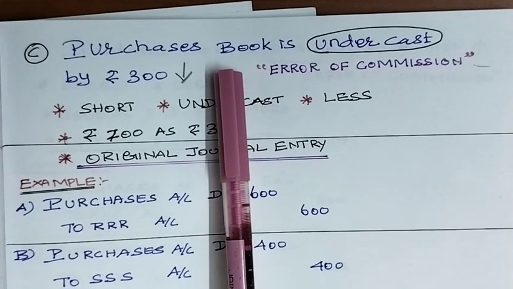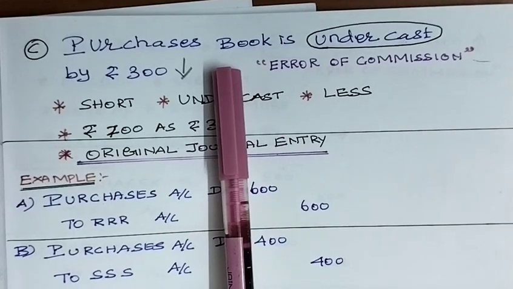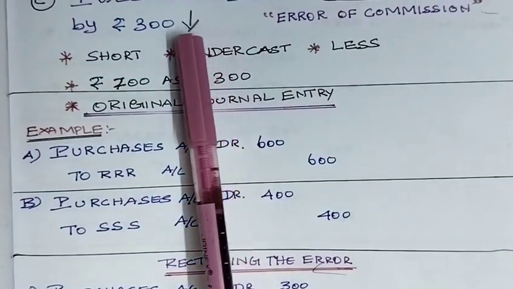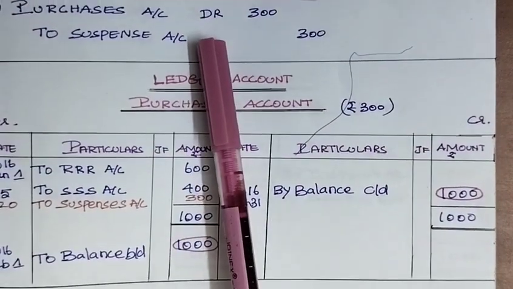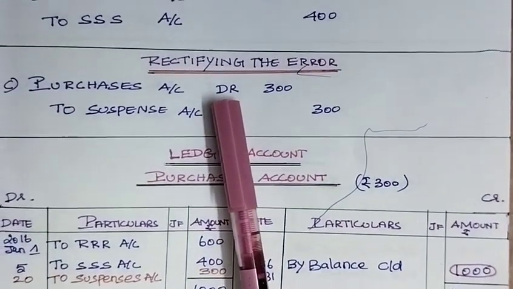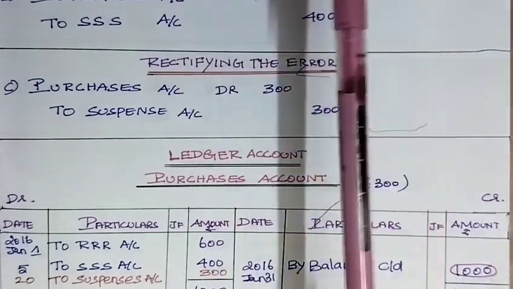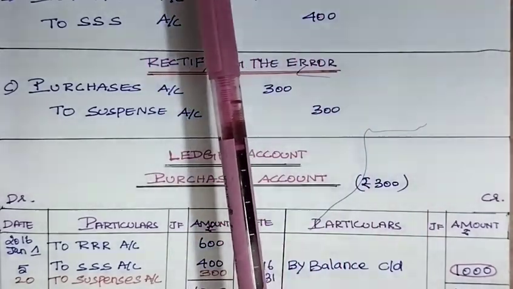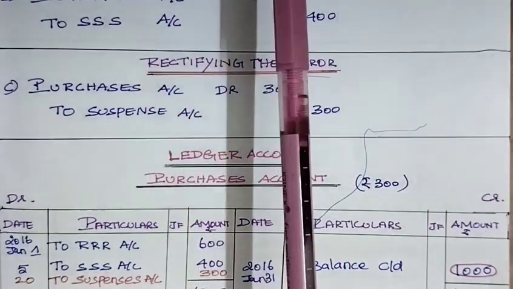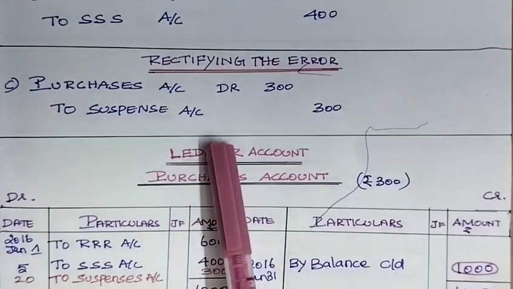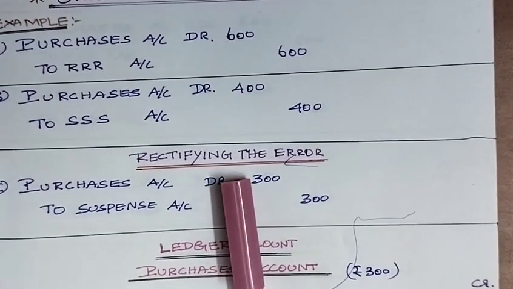We have to follow the original journal entry to rectify this error. This is an error of commission. How do you rectify this error? We follow the original journal entry. Why? Undercast, short and less: when you see this kind of words in the rectification of errors, we follow the original entry.